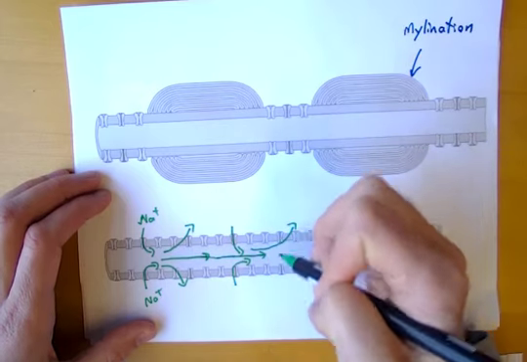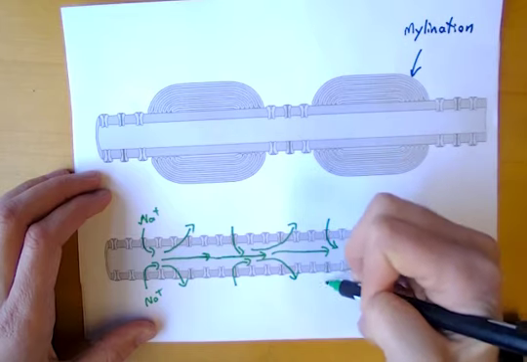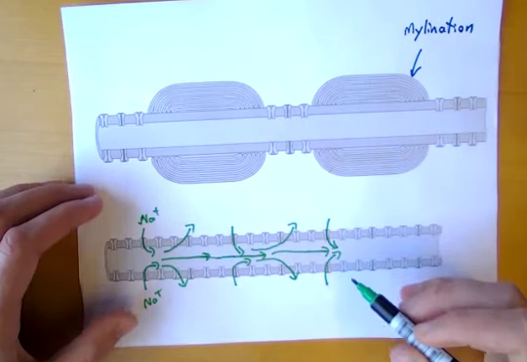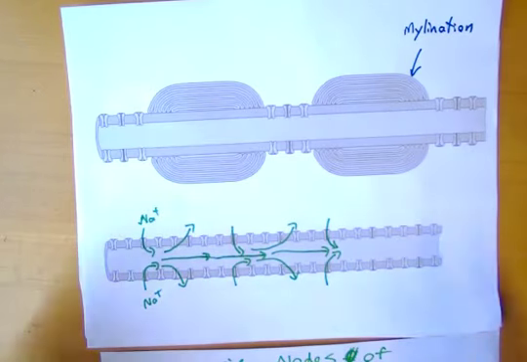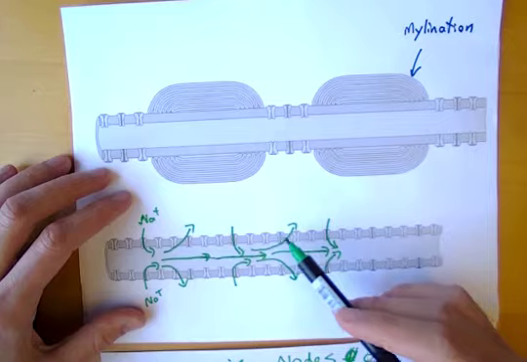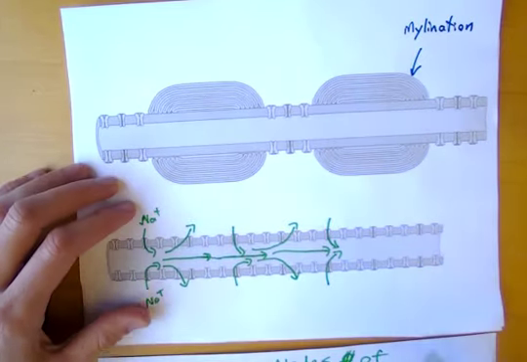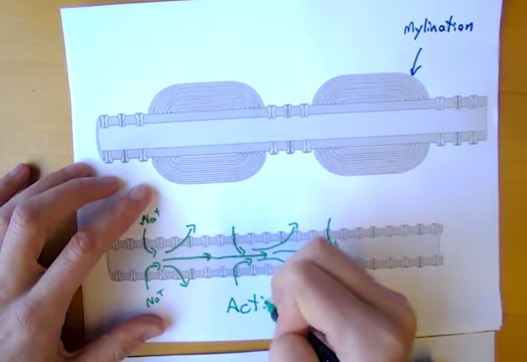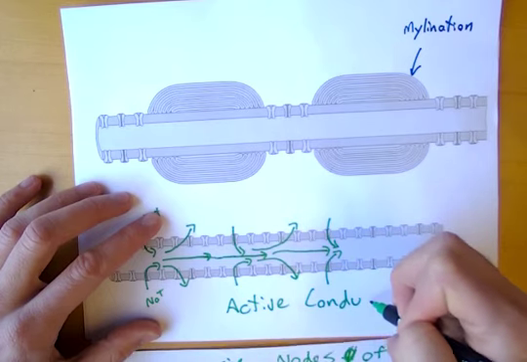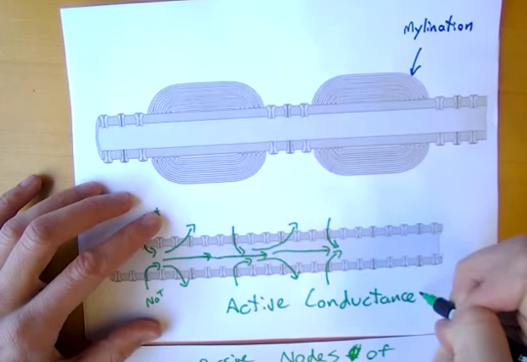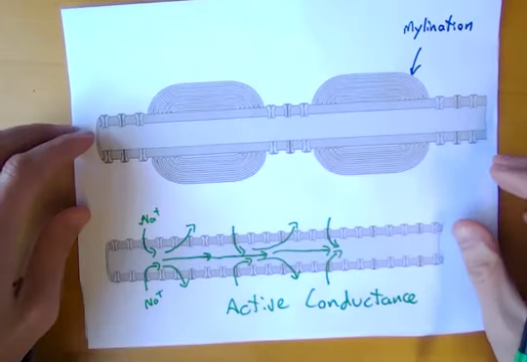So it comes in and leaks out again, but we're constantly getting this added current coming into the axon because it's necessary. If it were just a passive conductance, it would fizzle out, it would all leak out eventually. So constantly having to input more current into the system, right? And this is active conductance. So that opening the floodgates is active conductance.